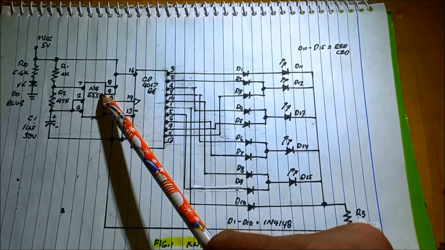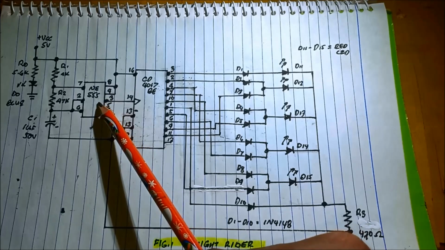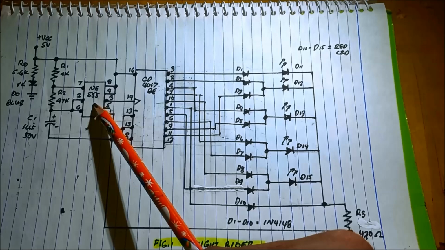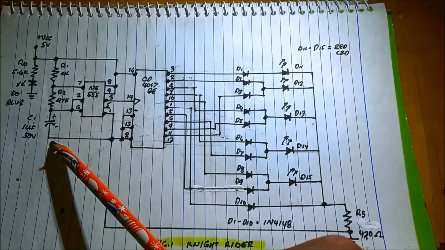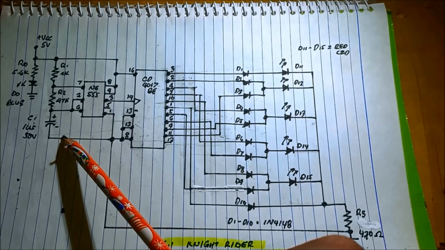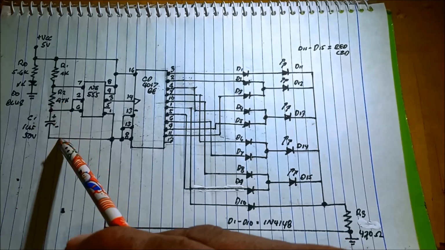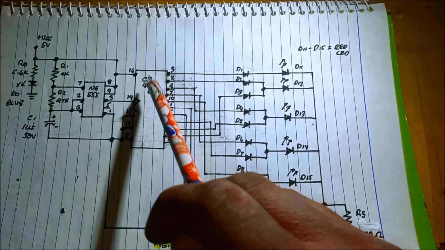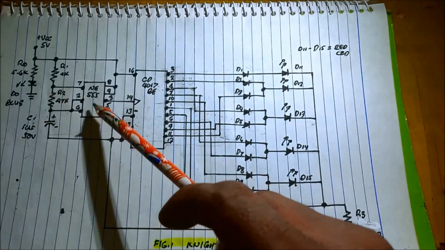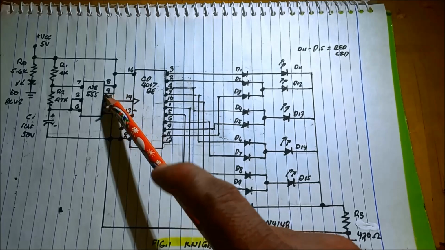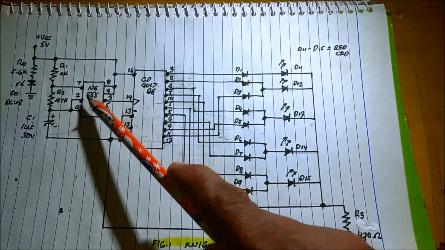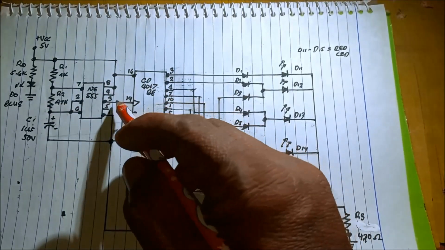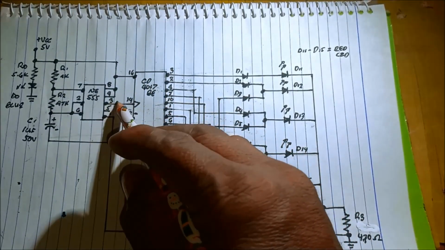So this is an astable multivibrator or an oscillator that is generating a continuous train of pulses, that serves as a clock pulse to the 4017 IC. So the function of the 555 timer is an oscillator that generates a PWM at the output.